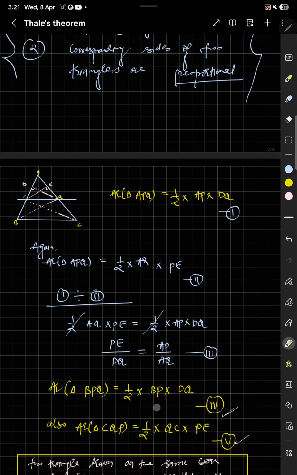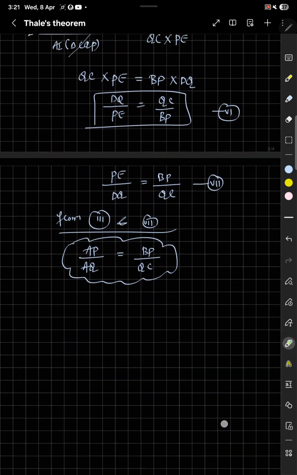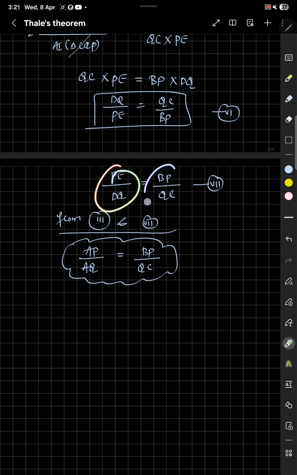What is 3? The 3 is PE upon DQ is equal to AP upon AQ, right? And here we have PE upon DQ is equal to BP upon QC. So both are same. LHS is same, therefore RHS will be same, right? In this way we have proved the basic proportionality theorem.